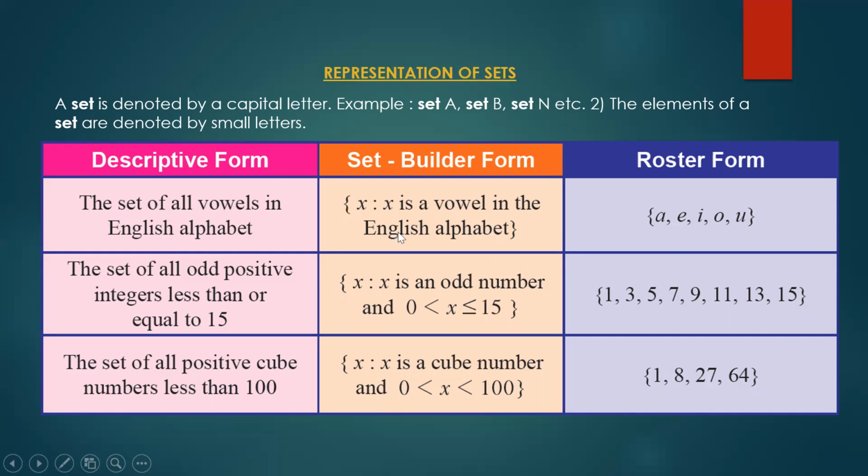And then we have the set builder notation, where we say X is such that X is a vowel in the English alphabet. And then the roster form is the one where we list the elements using these brackets. Okay, so these are also other examples of the descriptive, set builder and roster forms.